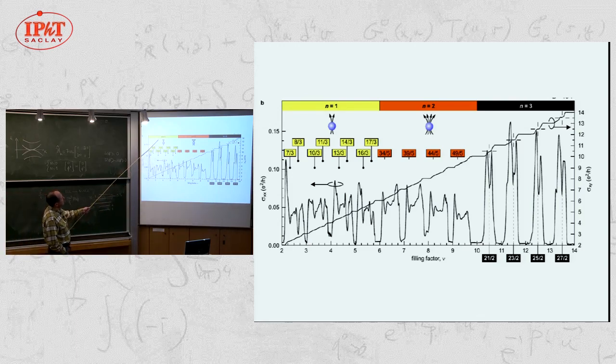In the n equal 1 level, you observe fractional states that are plausibly explained by the usual composite fermions with two flux tubes, which gives you predictions for fractions. In the n equal 2 Landau level, you see some fractions that are presumably explained by composite fermions using 4 flux tubes, but the 2 flux tubes have disappeared.